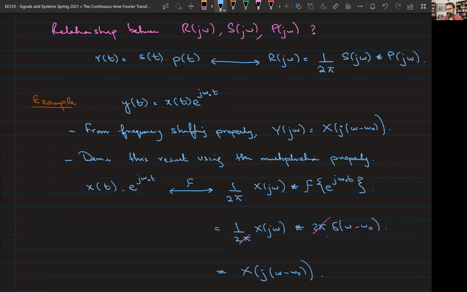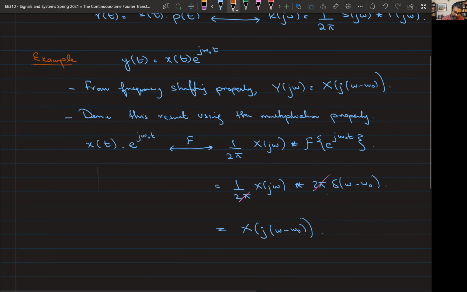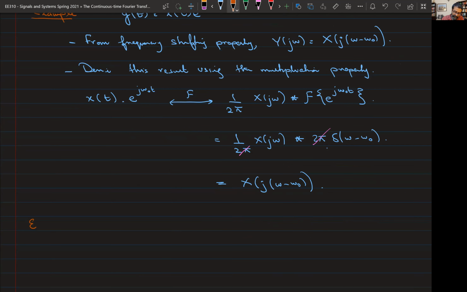Right? Pretty straightforward. Let me do another example: y of t equals x of t times cosine omega naught t. Have you come across something like this ever?